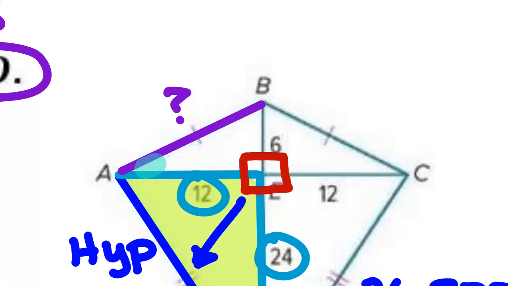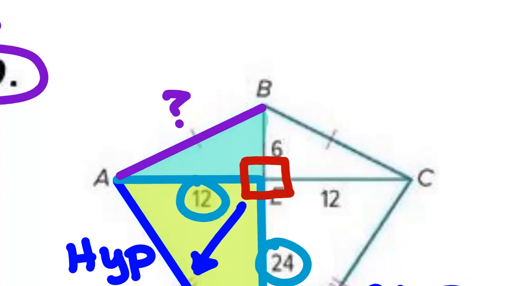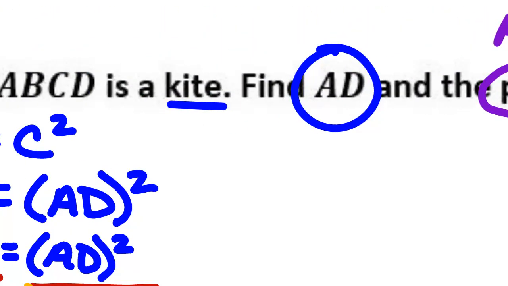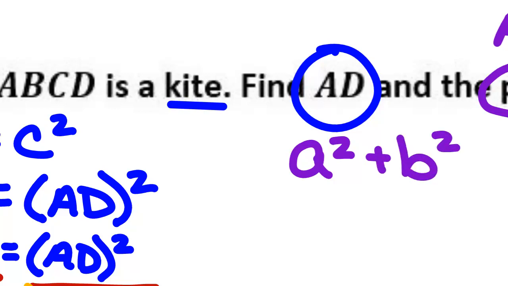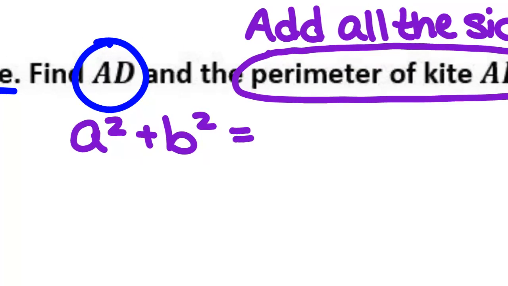A squared plus B squared equals C squared. Side AB is which piece there? A, B, or C? C. Because we are looking for the hypotenuse.